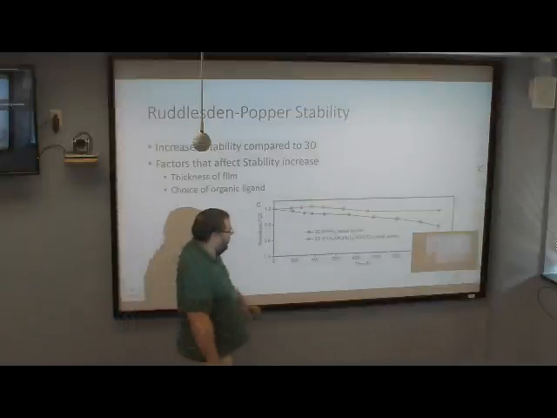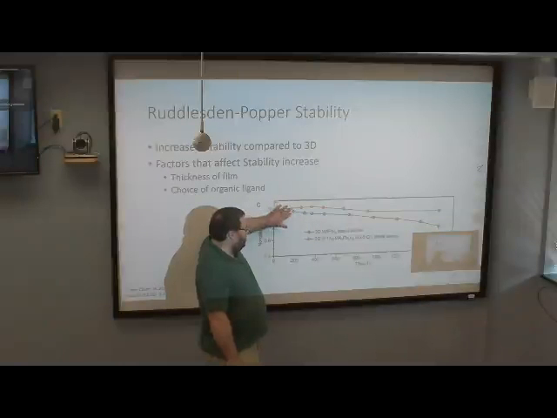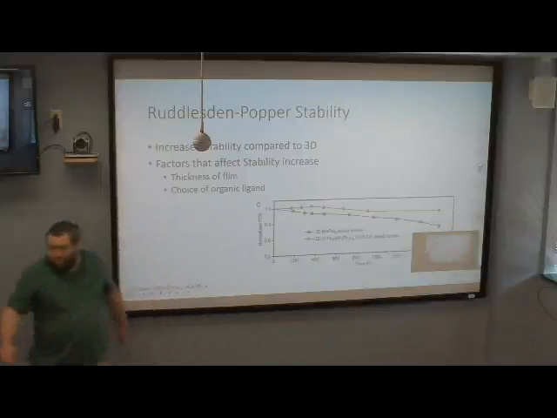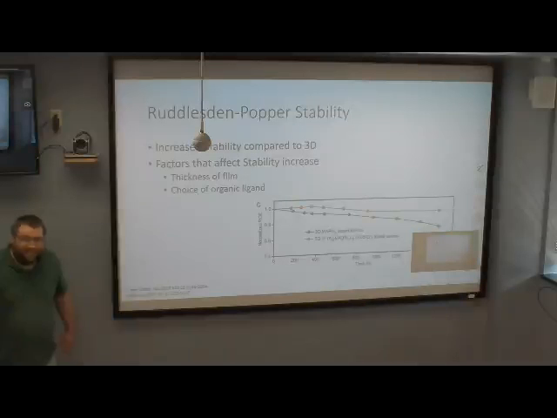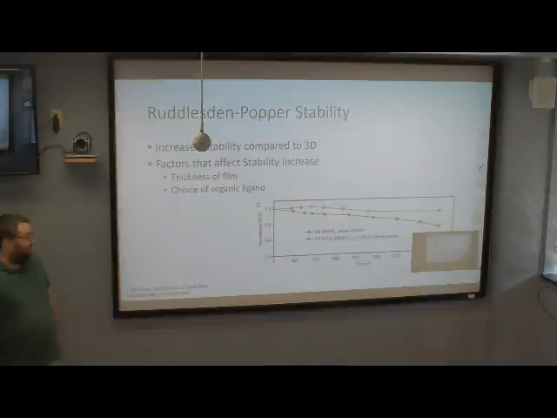And so as we see, this one goes up to 1600 hours. We see that the 2D Ruddlesden-Popper model efficiency decreases slower than the 3D model.